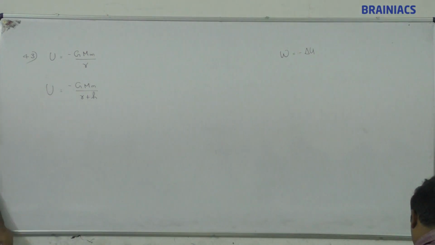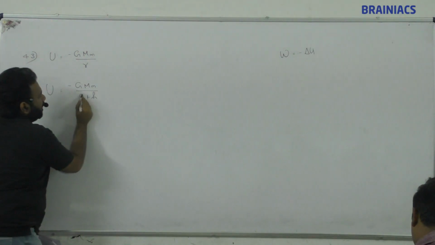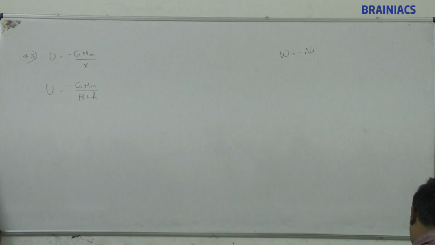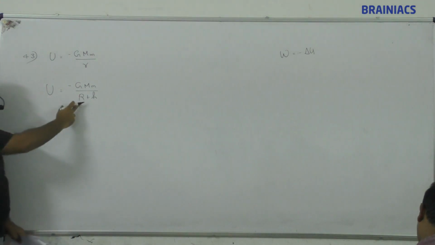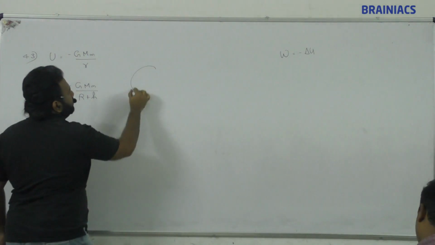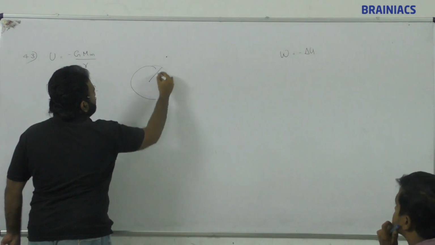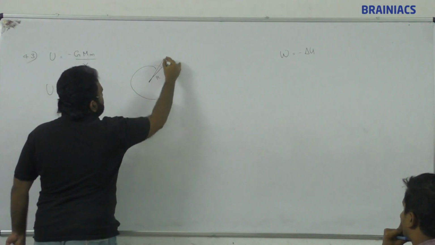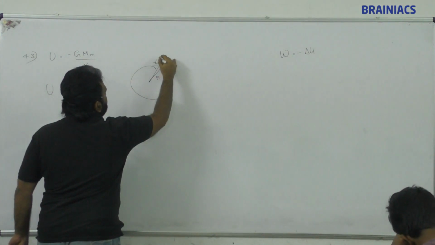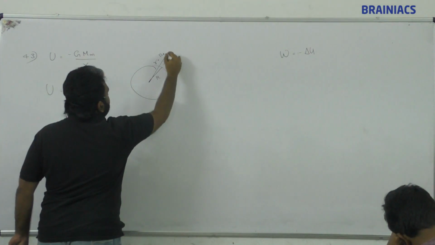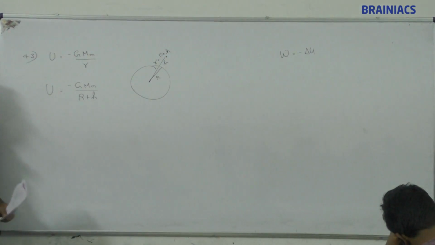If it is at the surface, this is the radius of Earth. If we keep it at some height, then the distance is r plus this height h. This is how we generally write it, correct? General formula.